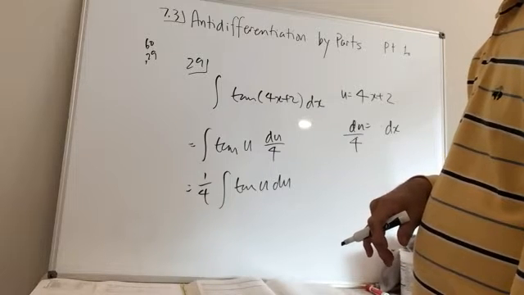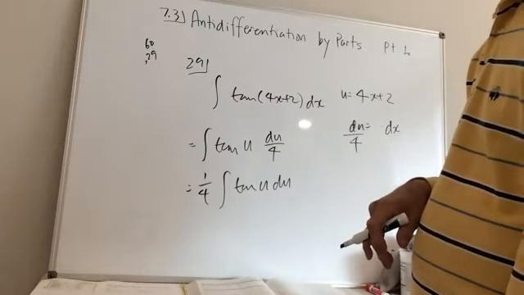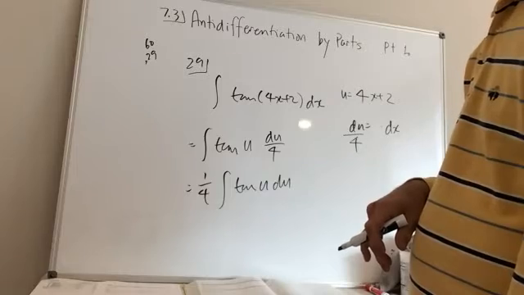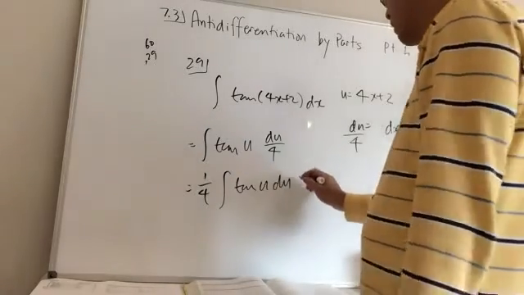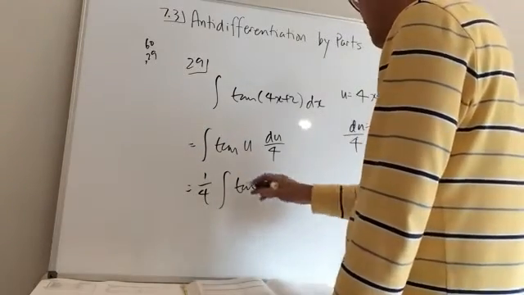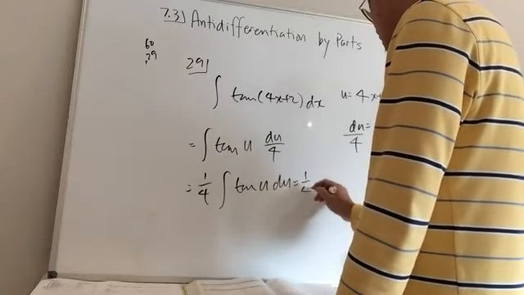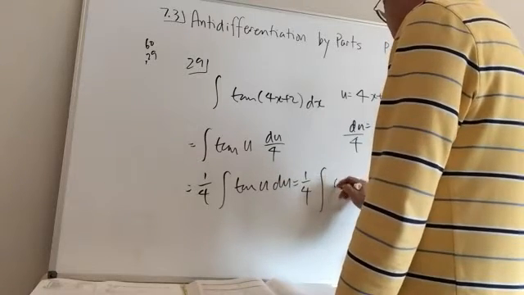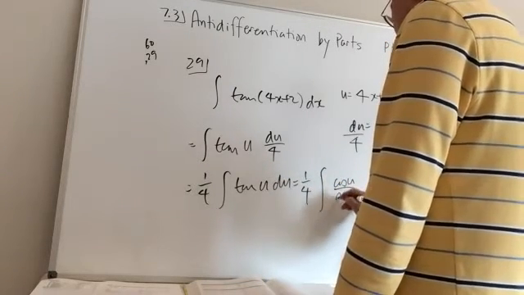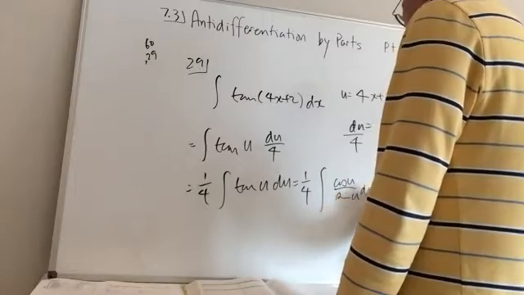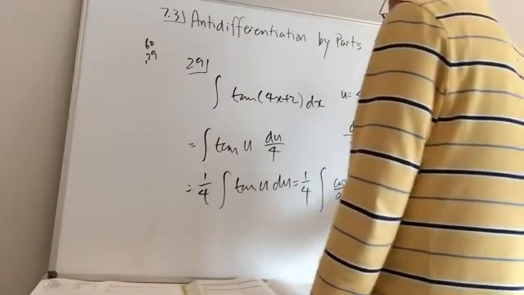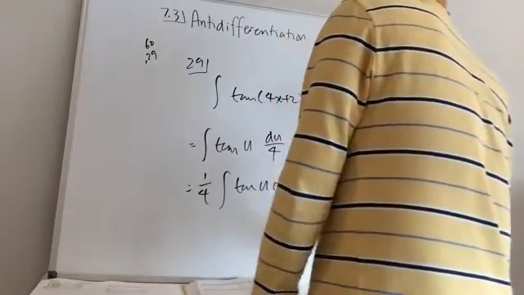Christina? Oh yeah, I got till that part. You got to this part? Yeah. Okay, so this is going to be what? Whoops, the other way around. Sine u over cosine u.